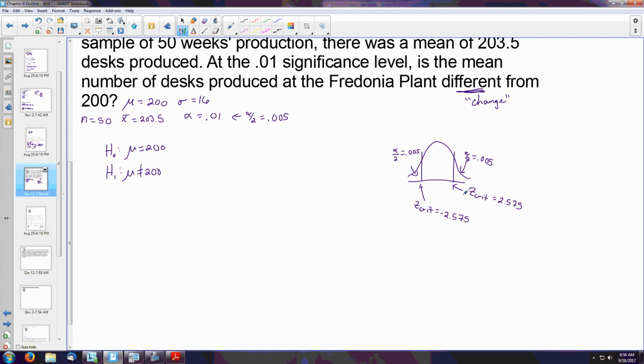Once you have your critical value or values, go ahead and find your test statistic. Again, whether you do this by hand or in the calculator, it's up to you. Our z-test is equal to 203.5 minus 200 divided by 16 over the square root of 50.